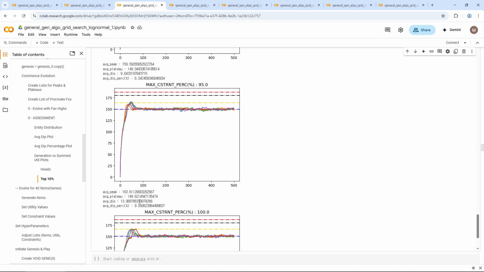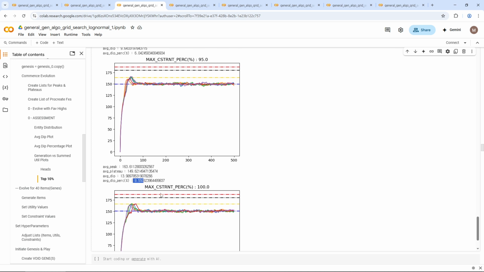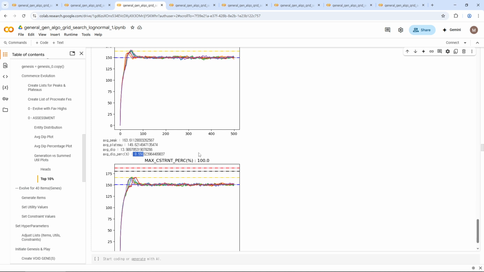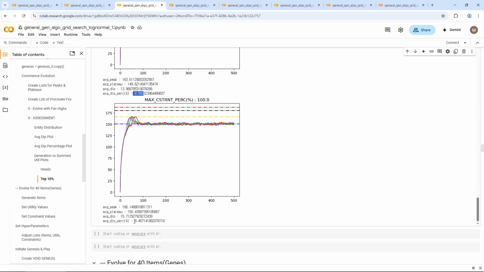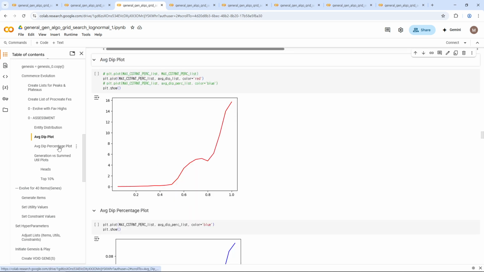At 95%, the average dip percentage is at 8.5. At 100%, the average dip percentage is at 9.45. So again, when there are only a handful of items, peaks will happen when the maximum constraint percentage is near 100%. Hence this plot.